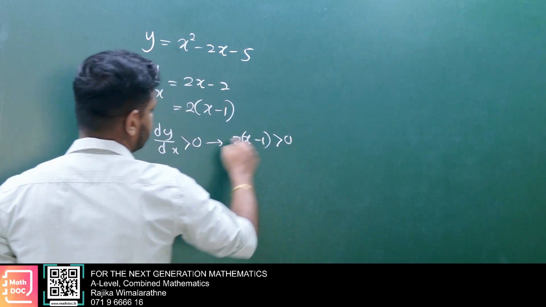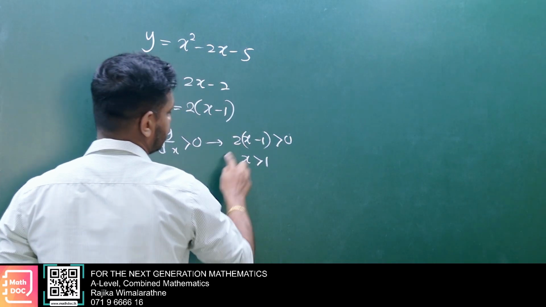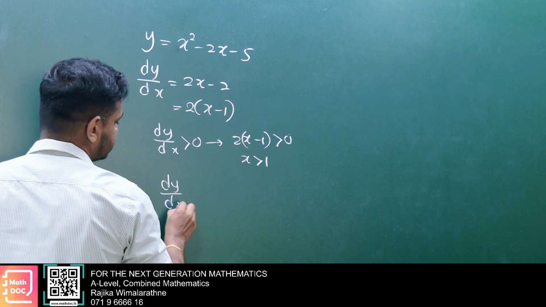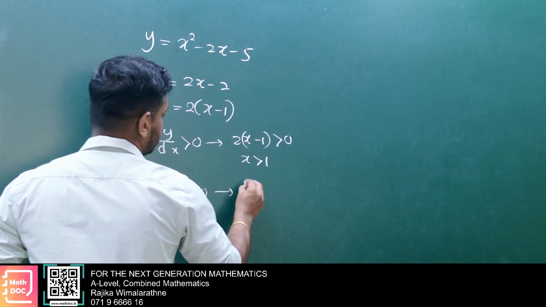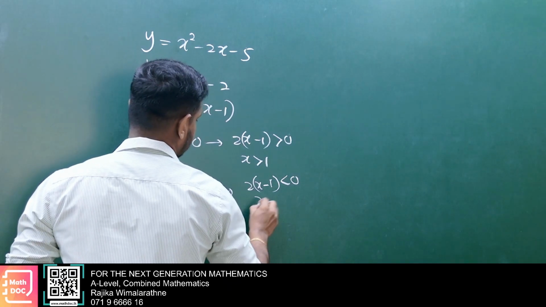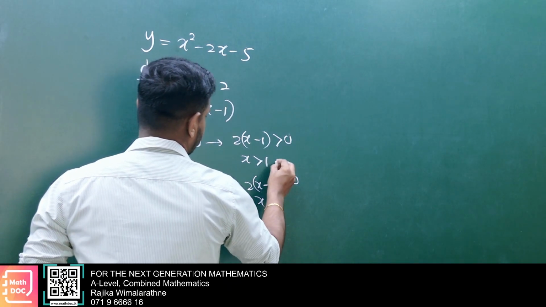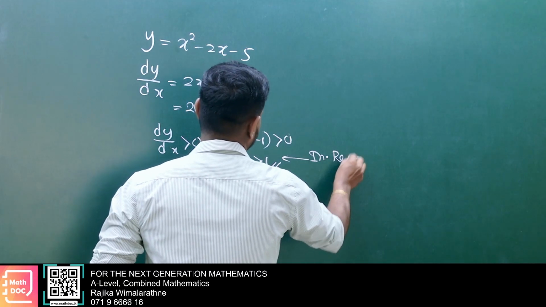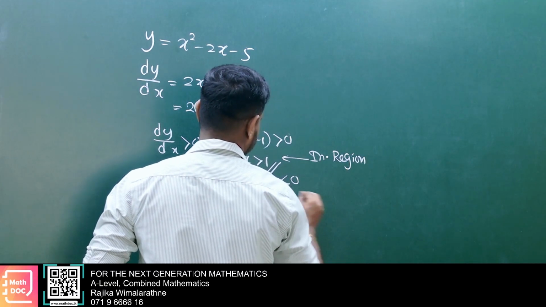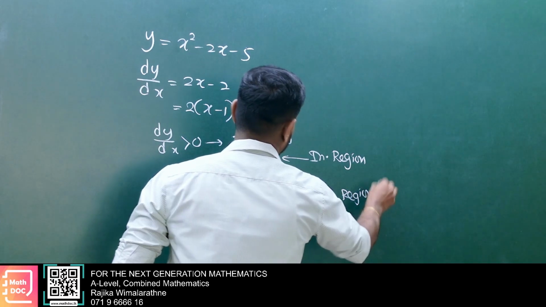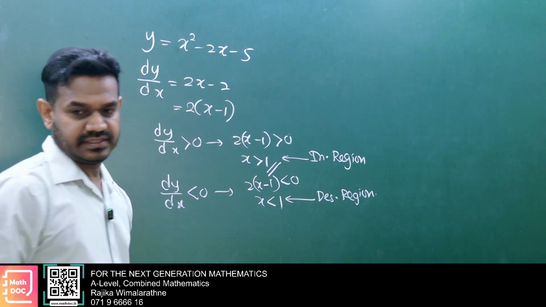Here a linear inequality, x greater than 1. This is the increasing region. Then dy by dx less than 0 means 2 times x minus 1 less than 0. Then we get x less than 1. Here the decreasing region.